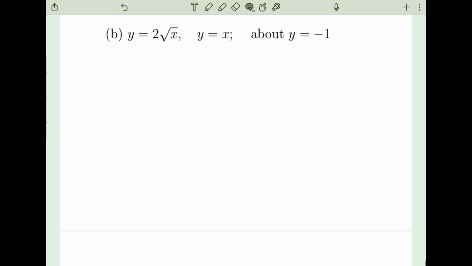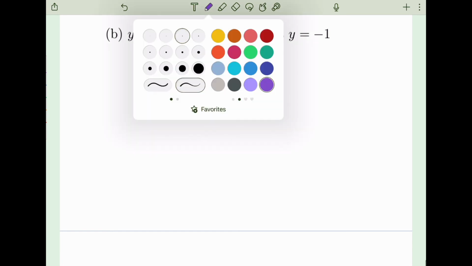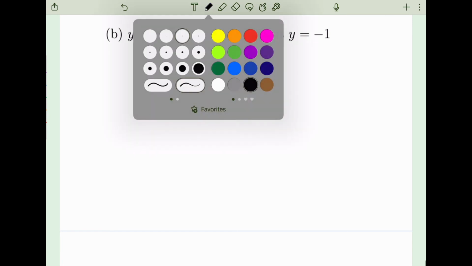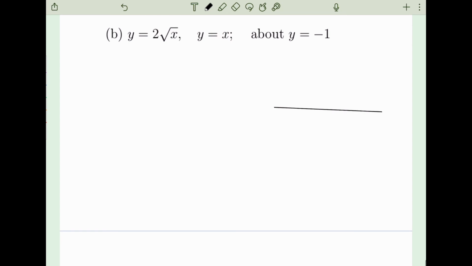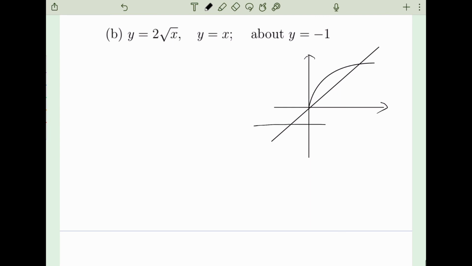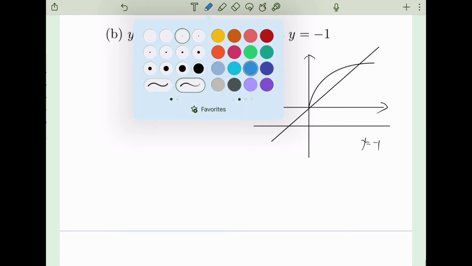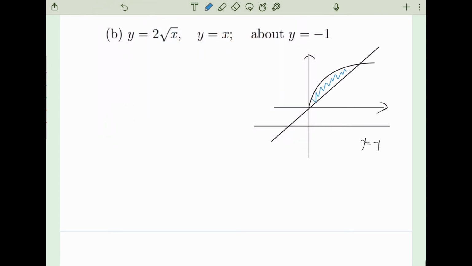Now let's work on question B here. Draw the diagram first. y equal to 2 square root of x looks like this. And y equal to x is like that. And I also have the y equal to -1 here. So I have my bounded region like this, right?